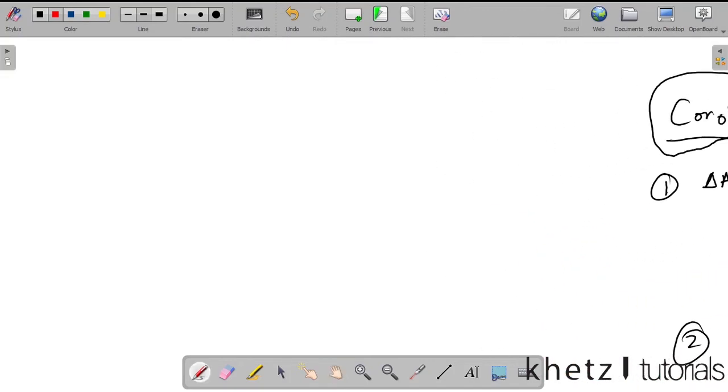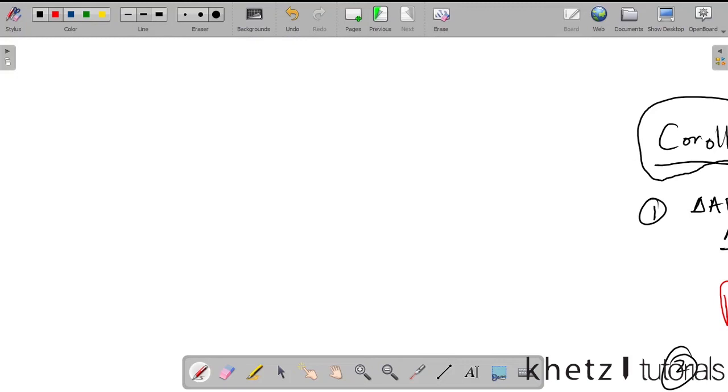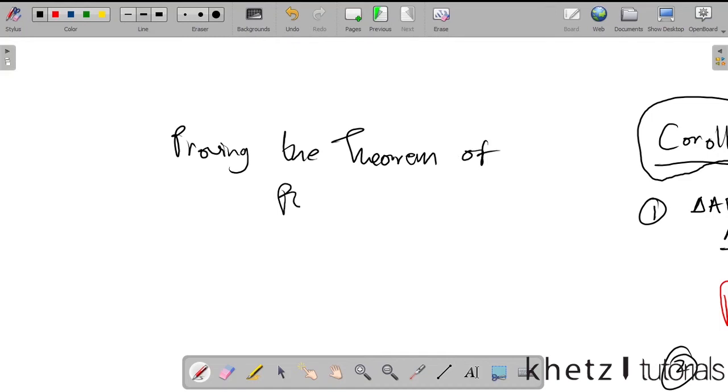So up here, after looking at our corollaries, we want to prove the theorem of Pythagoras.